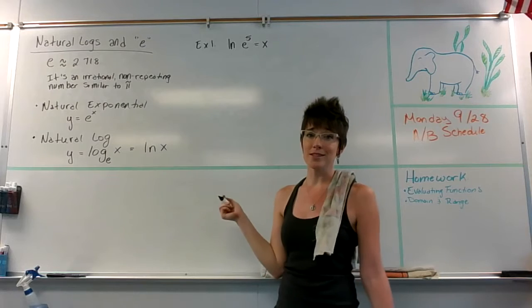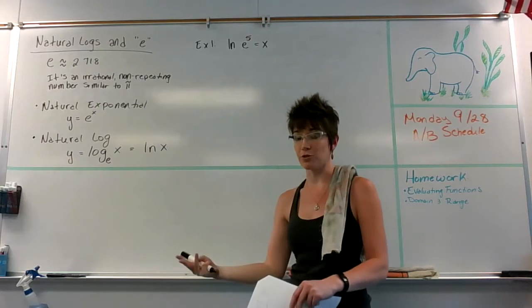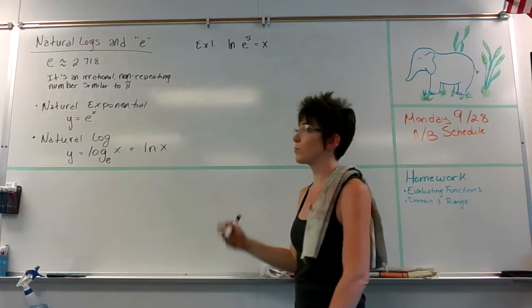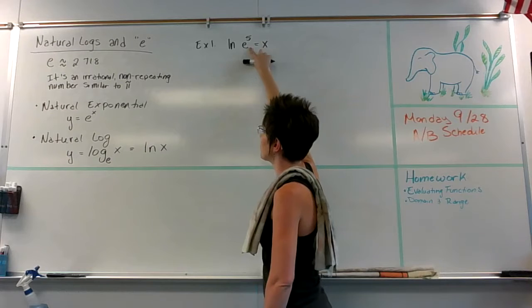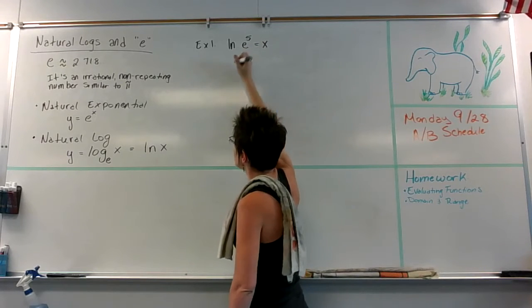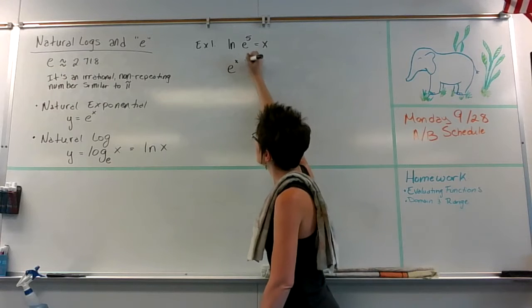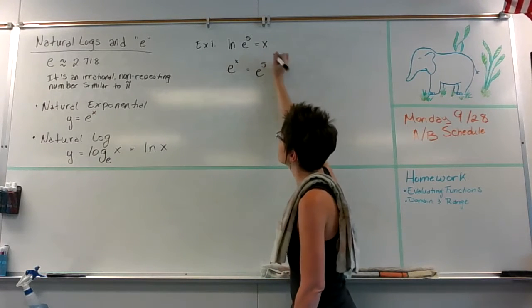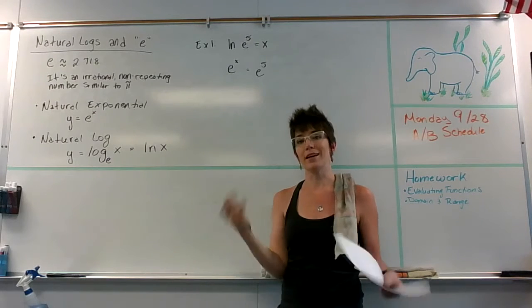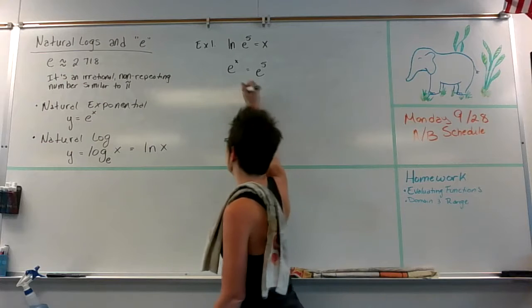This is in log form, and I want to rewrite it in exponential form. Remember, that takes the base of the log, raises it to the exponent, and gets the number back. So the base of this log is e, the exponent is x, and the number input is e to the fifth power. Now that I've written it in exponential form, it's pretty obvious to see that x is equal to 5.